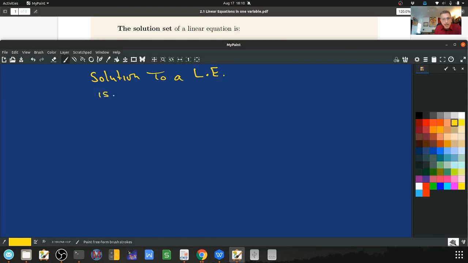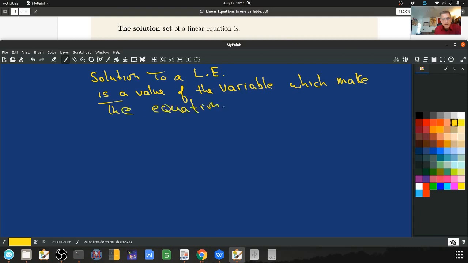That is a value of the variable. Remember, the variable, unknowns, they're the same thing, which makes the equation true.